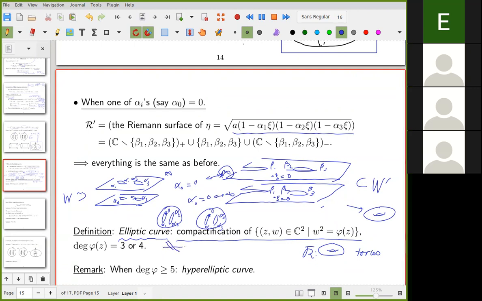Well, I don't have to mention this for you, but sometimes this name might cause confusion. This is not an ellipse, of course. This is essentially defined by this degree 3 or degree 4 equation.